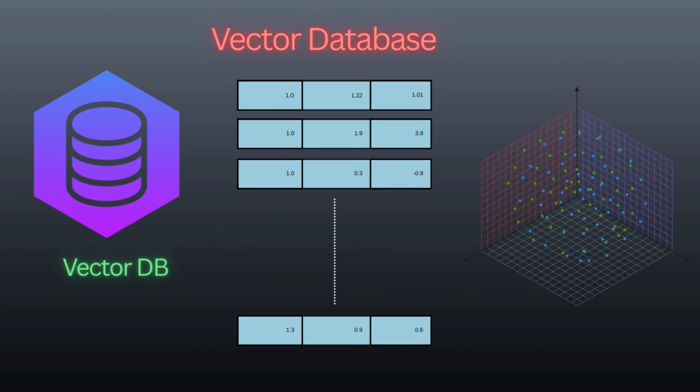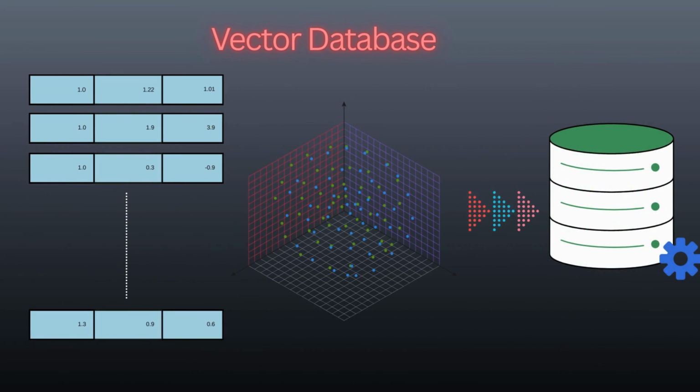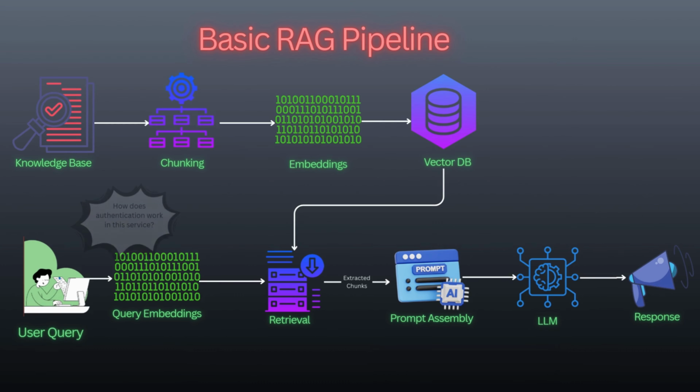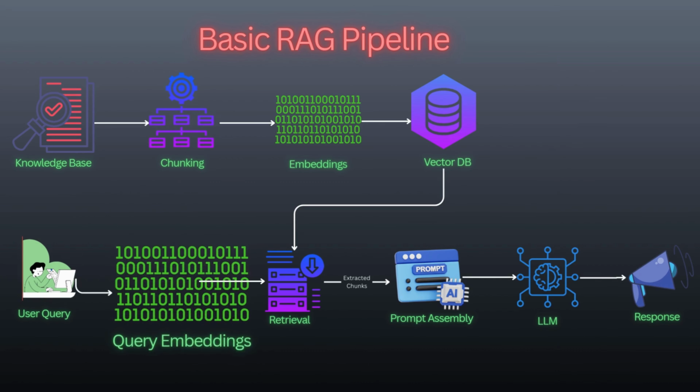The vector database is optimized to answer one question very fast, which is which chunks are the most semantically similar to this query. Now, when the user asks the question, how does authentication work in this service? The question is also converted into an embedding. This puts the question into the same semantic space as the stored chunks.